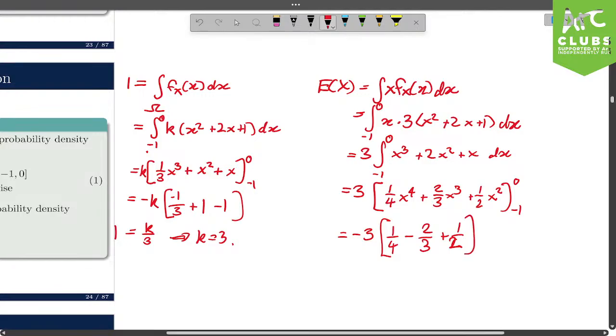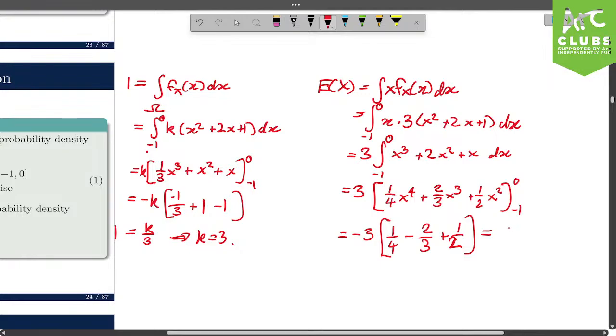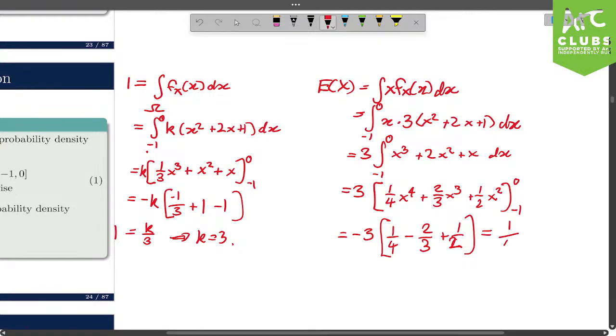I don't know about you, but I hate doing arithmetic, so at this point I just sub this into a calculator. I think it's about a quarter. Minus a quarter? I've been told it's minus a quarter, which is correct.